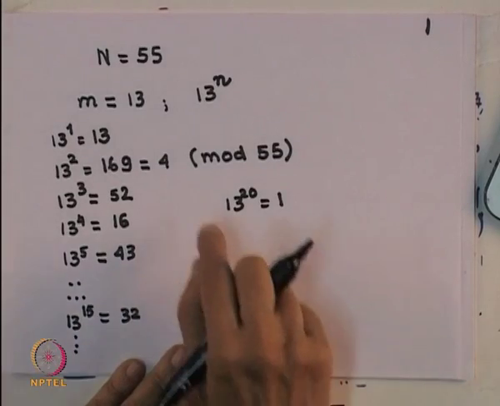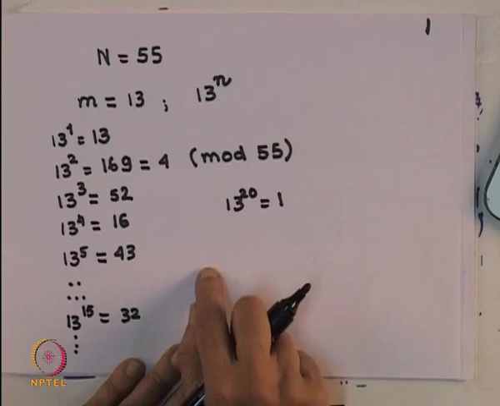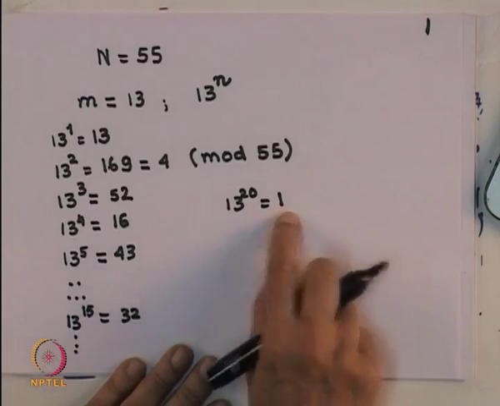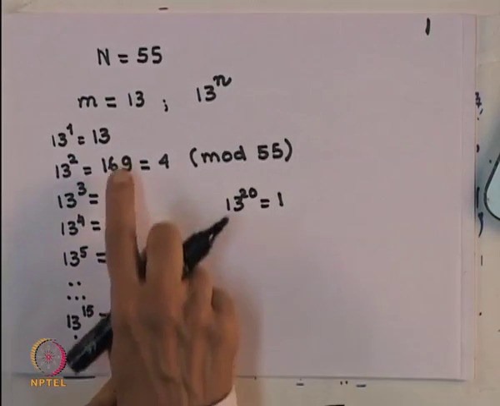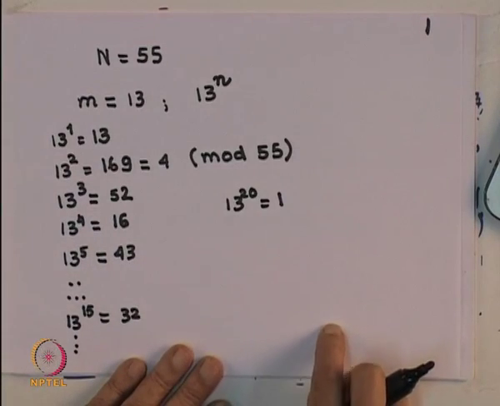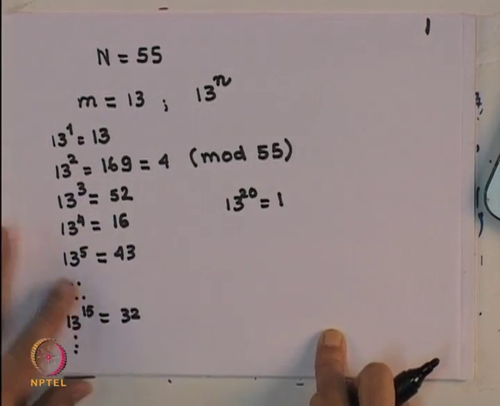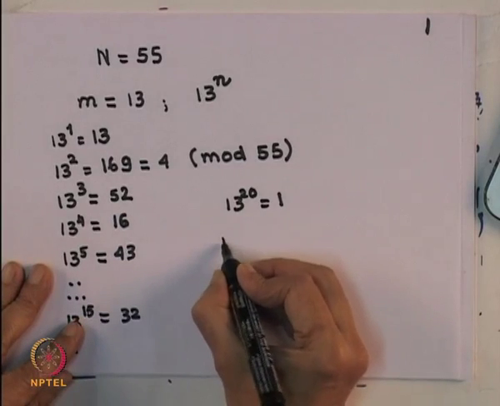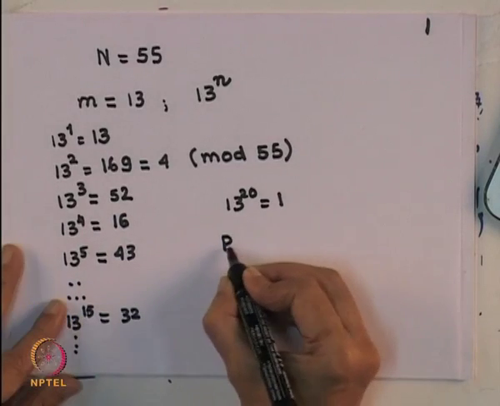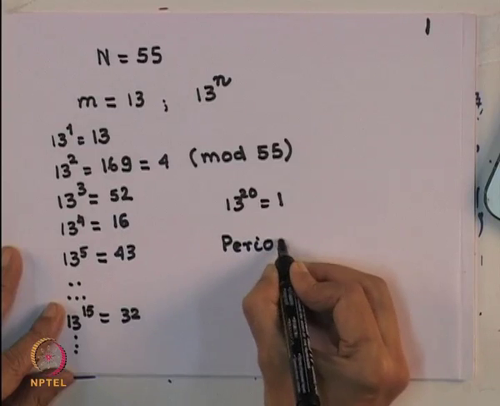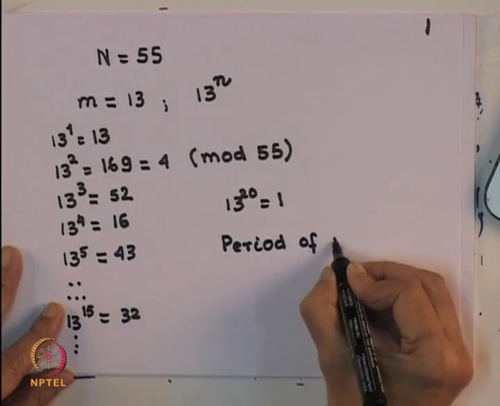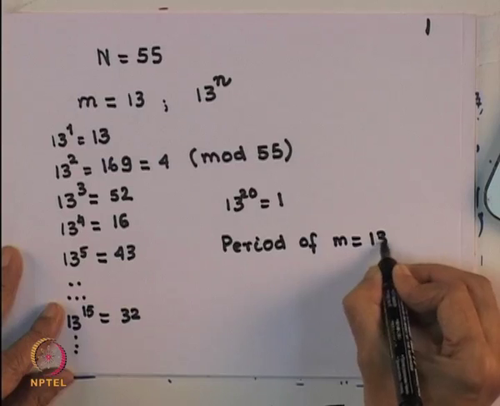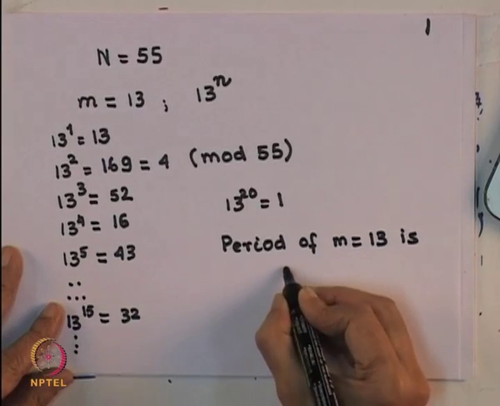Now, this is not very difficult to work out, because this is what we would do in order to compute these numbers. So therefore, the period of m equal to 13 is 20.